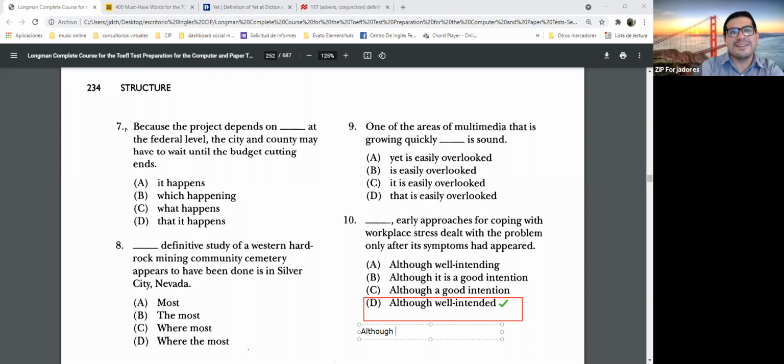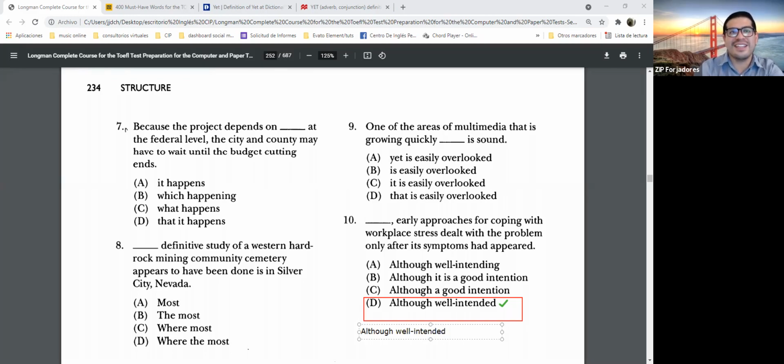The thing that we know that it is a reduced one is because we have a connector. Although is a connector. So we need a subject and a verb. So in letter D, we don't have a subject or a verb, but we have an adjective that is well intended.